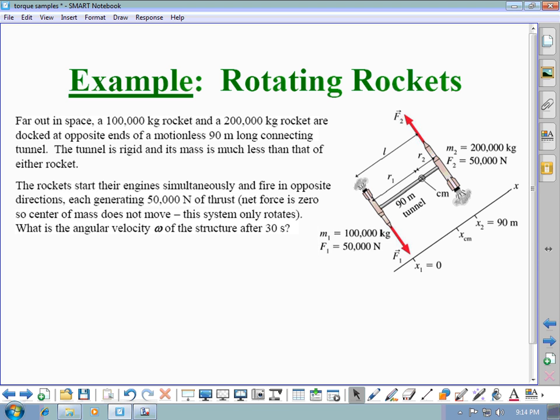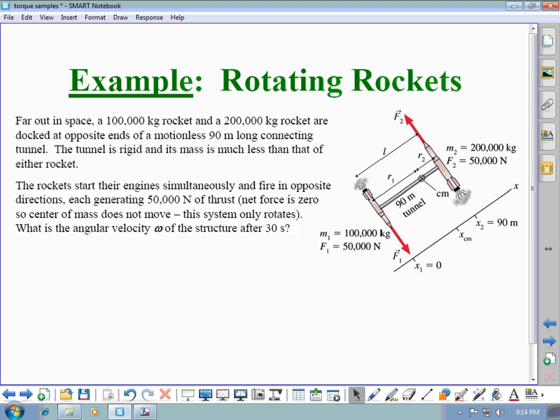It's not bending at all in the middle, so those rockets are staying on opposite ends of each other. And its mass is much less than that of either rocket. So that means that I don't need to worry about any rotational inertia for the tunnel. It's not uncommon to have to include rotational inertia for the tunnel, but for this, it's basically massless, and so the rotational inertia is zero.